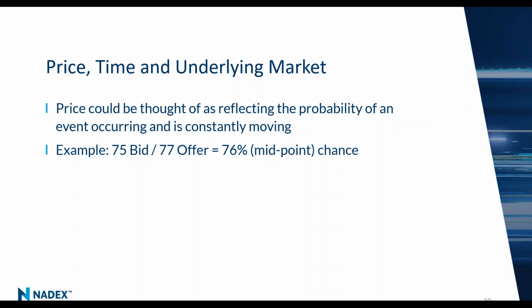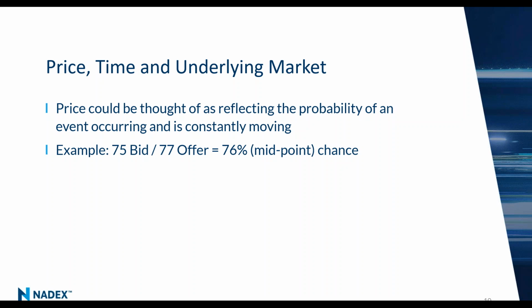So if you saw a bid at 75 and an offer at 77, let's take the midpoint, that's 76. At that moment, the market is pricing the probability of that event occurring as 76% being true.